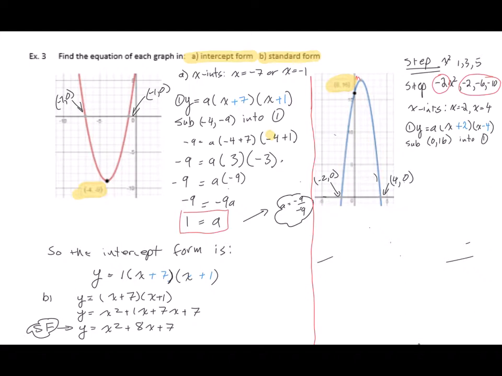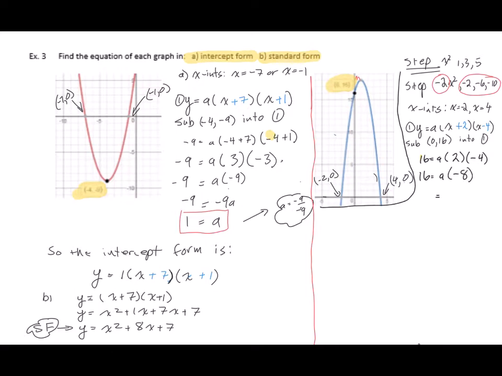So now you're going to get 16 is equal to a times, well, 0 + 2 is just 2, and 0 - 4 is going to be -4 when you substitute that in. So now we're going to simplify, and we end up with 16 is equal to a times, well, 2 times -4 is going to be -8.